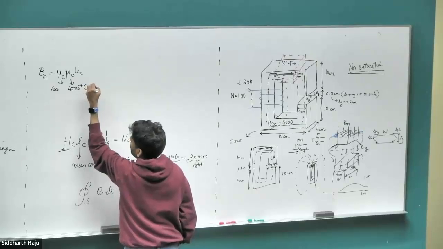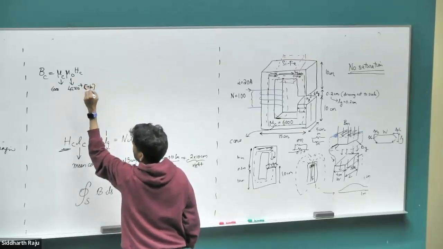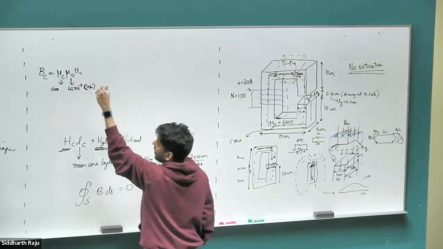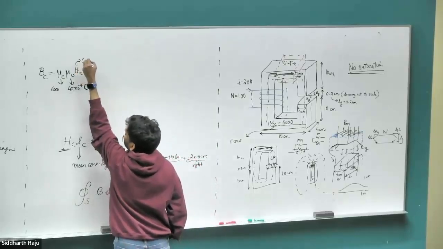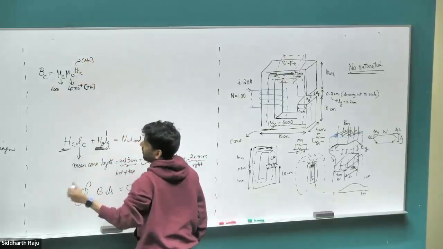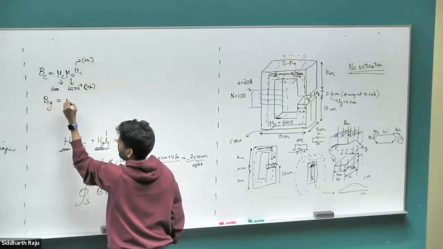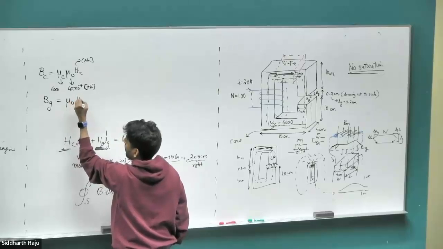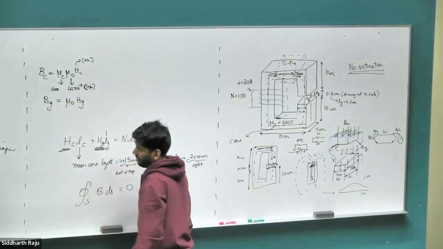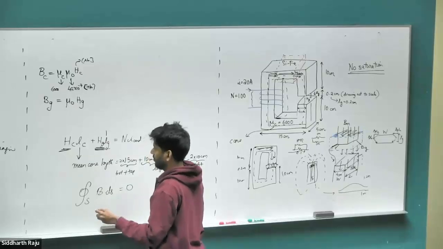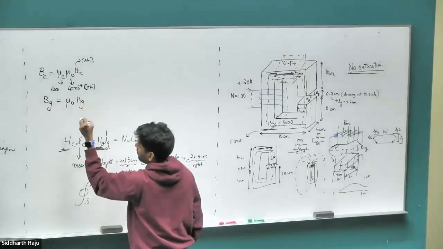I think Henry per meter is the unit. Double check if it's Henry per meter. Same thing we can do for the B field in the air gap. That is going to be equal to just mu naught times Hg, because mu R, the relative permeability of the air gap, is just 1. So you can substitute those values.